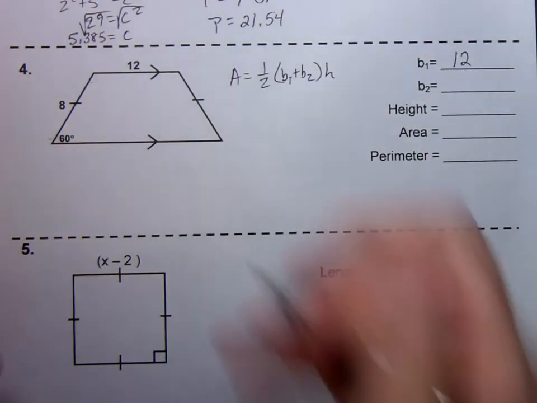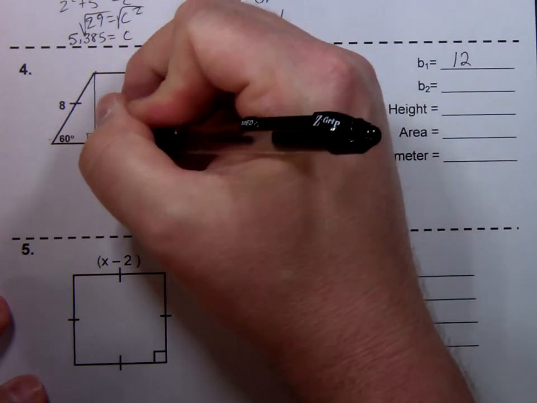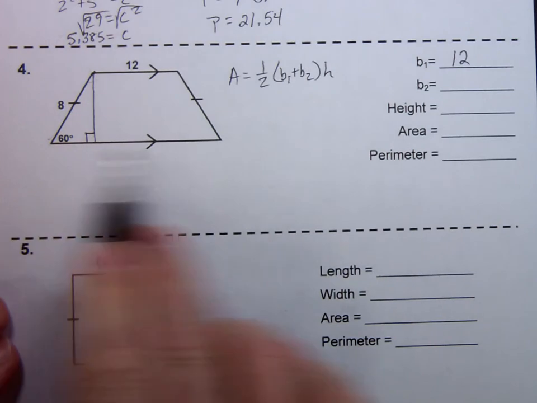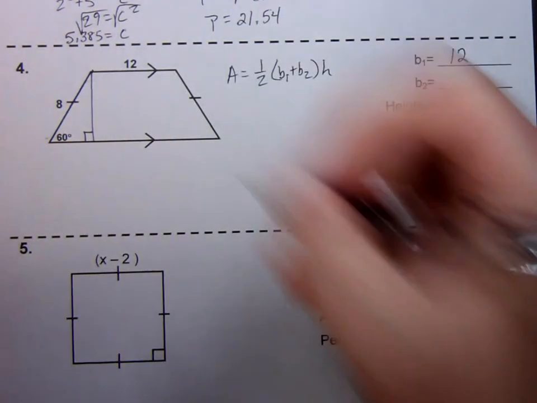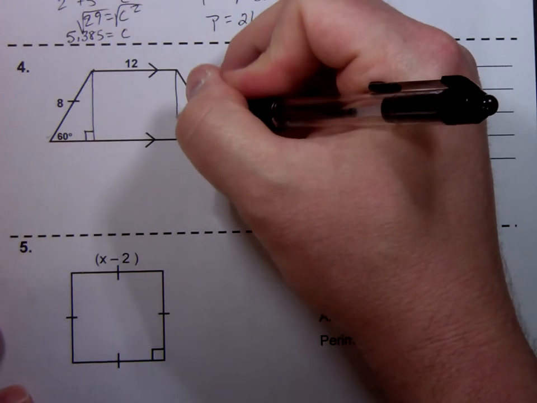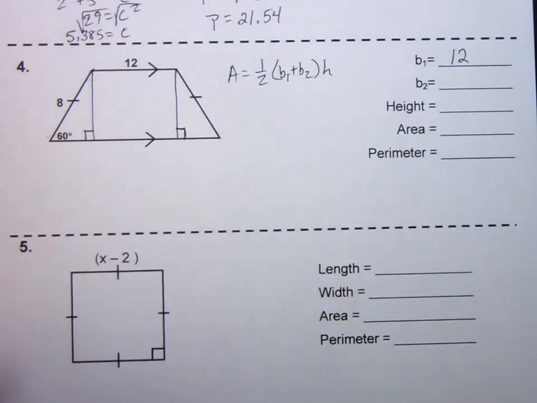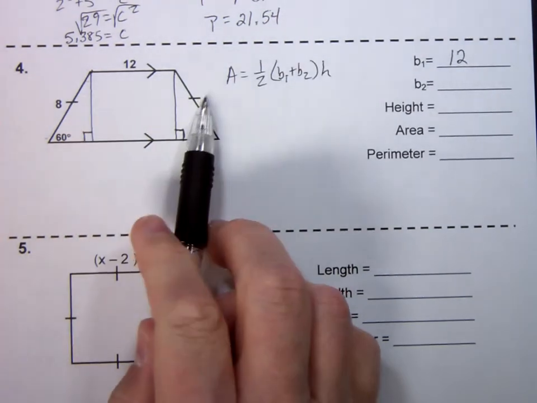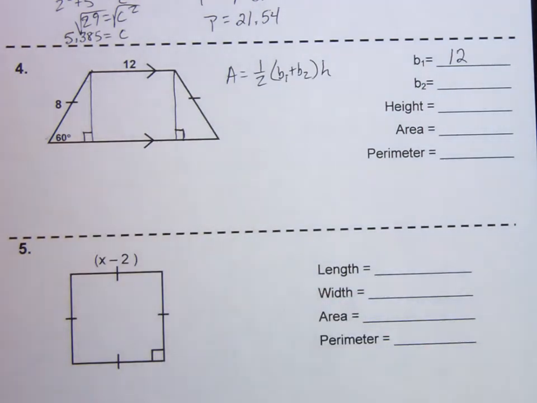So I need to find the height of the trapezoid, and I need to find the length of that base. Okay? Well, a trapezoid can always be split into rectangles and right triangles. And in this case, it's an isosceles trapezoid. And with an isosceles trapezoid, the triangles on each side are always going to be congruent to each other.